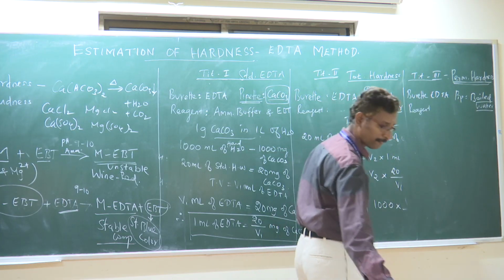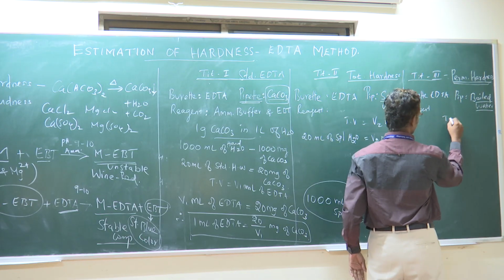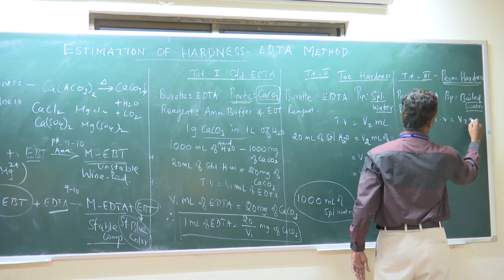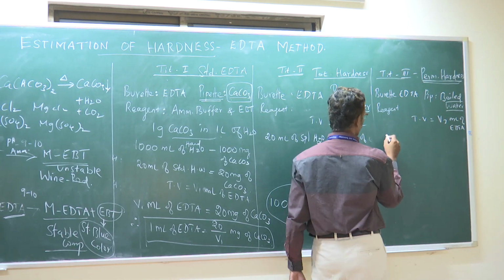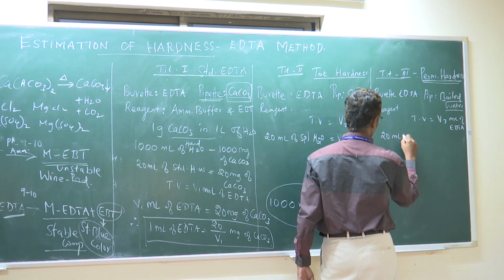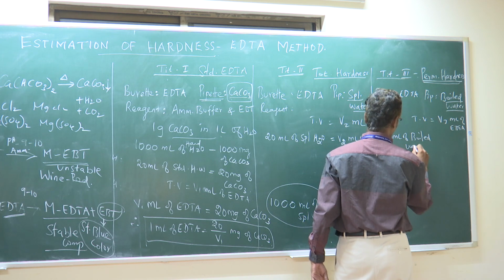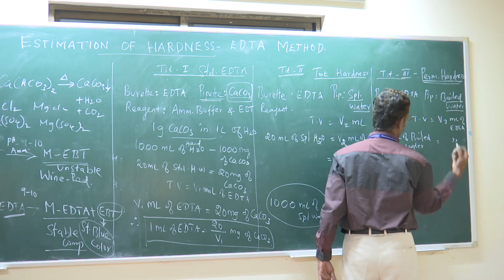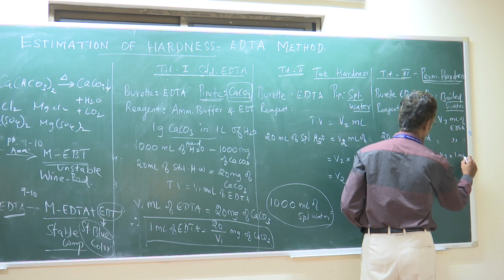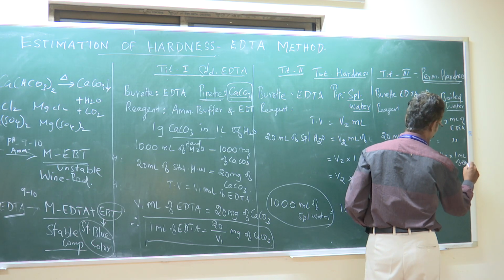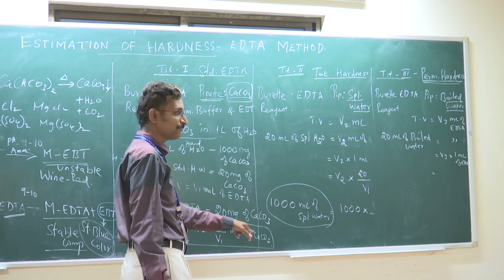Now, the boiled water titration. Same. The titer value is represented as V3 ml of EDTA. So 20 ml of boiled water is equal to V3 ml of EDTA, or we can write V3 into 1 ml of EDTA. 1 ml of EDTA, we already know the value, 20 by V1 milligram of calcium carbonate.